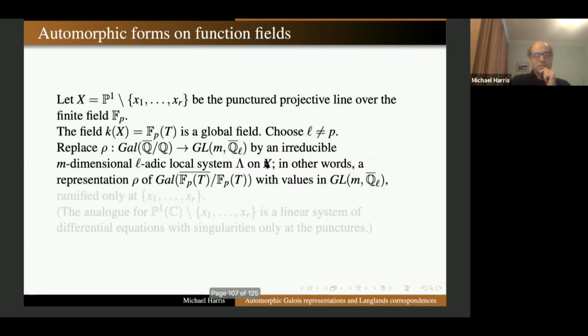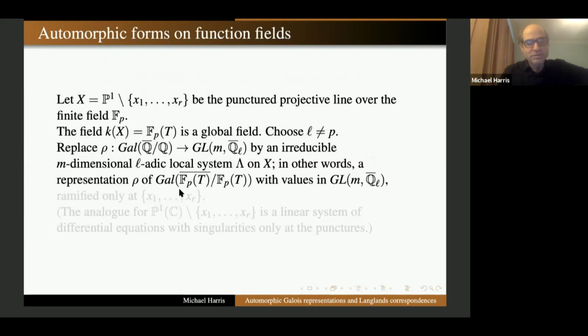What is this? This is a representation of the Galois group. I mean, the fundamental group of this, the geometric fundamental group of this, the arithmetic fundamental group of this punctured projective line. Here in arithmetic we have generic points.